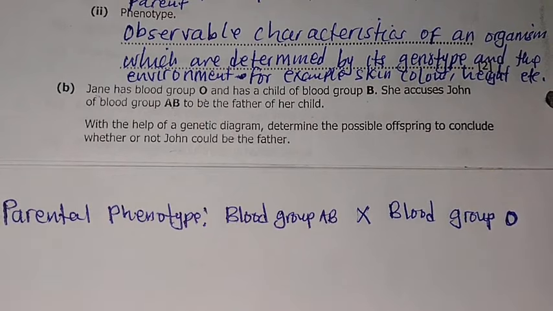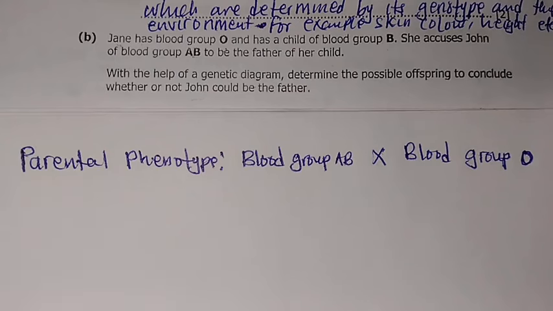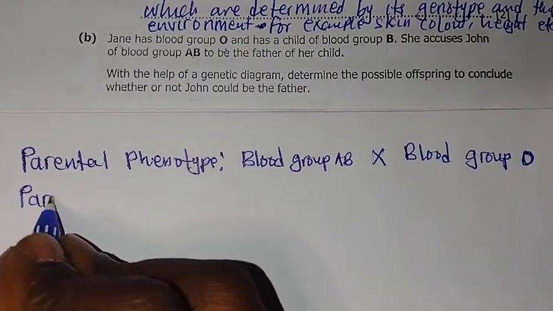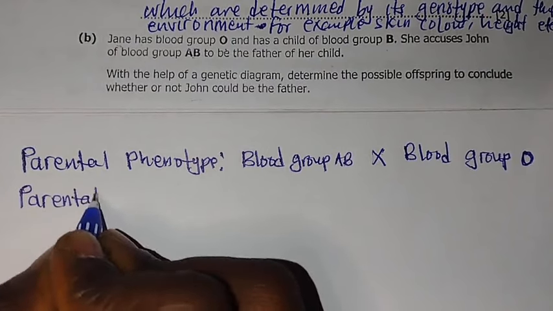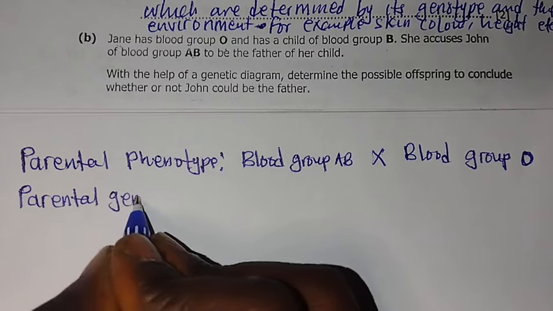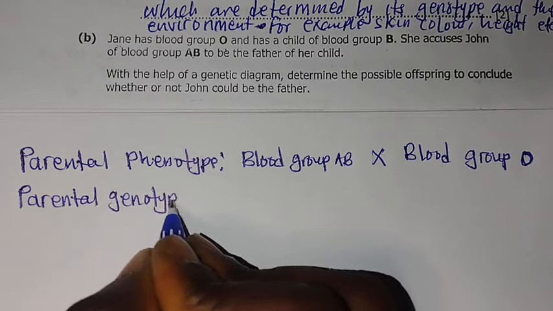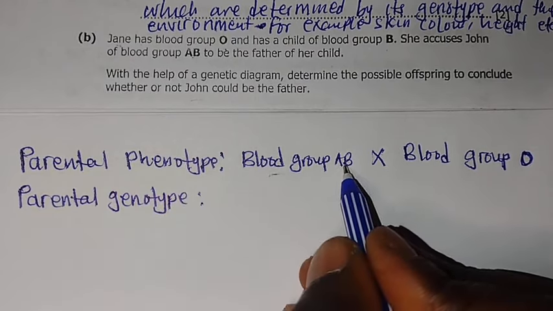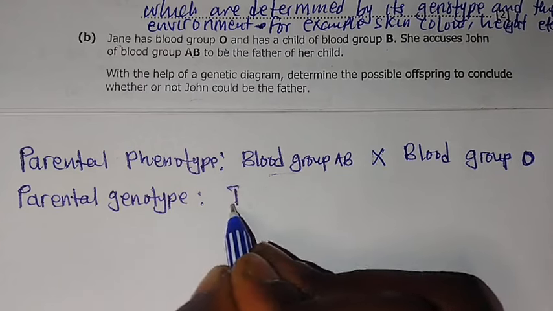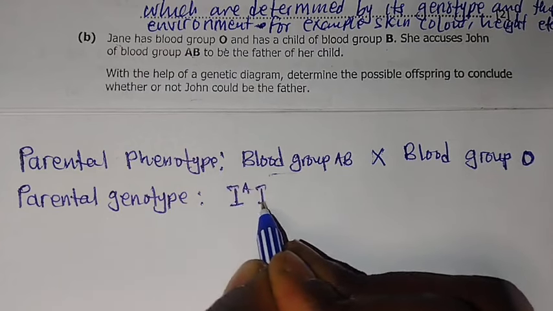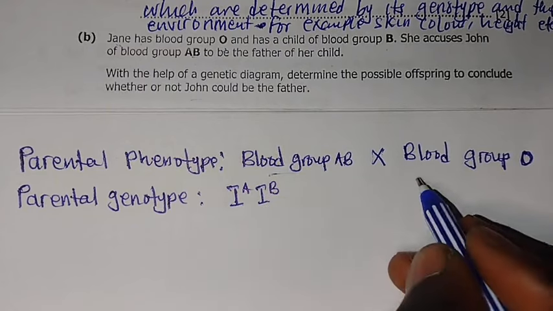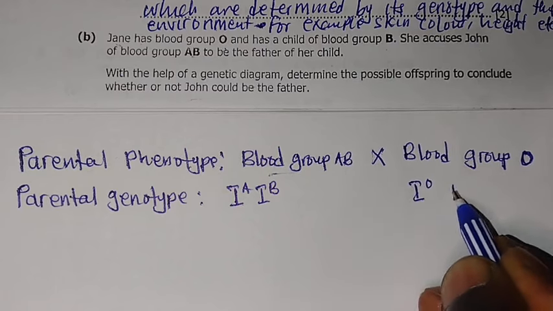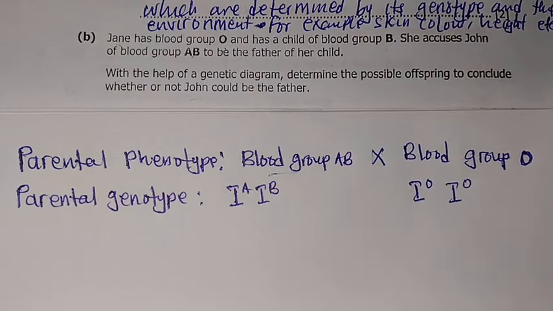Then apart from this, we are now going to write the parental genotype. Under the parental genotype, we'll look at blood group AB. The genotype that we are going to use is this, using these alleles. Then for blood group O, we are going to use these alleles like this.